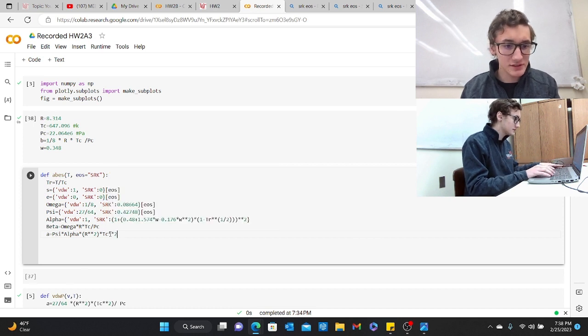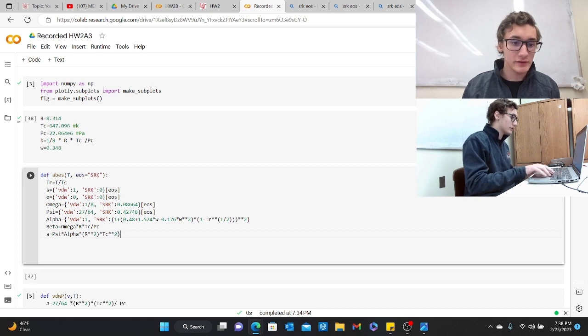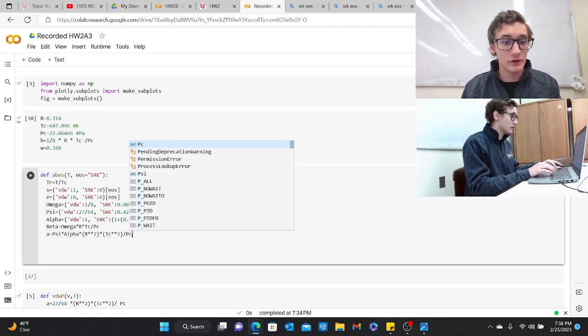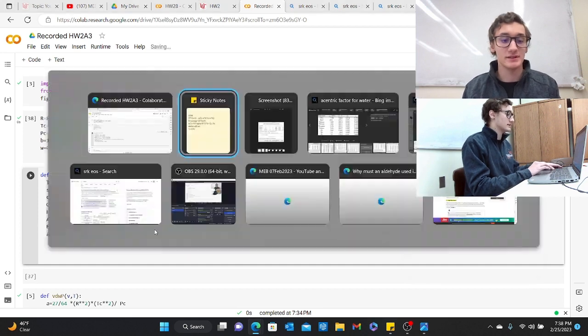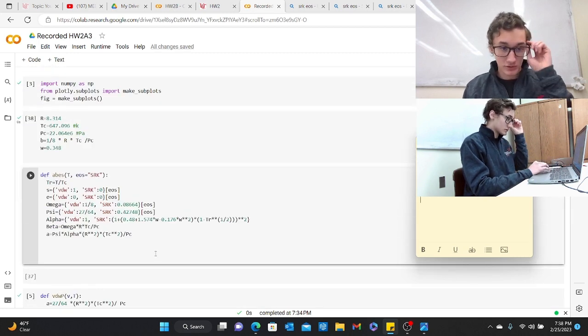I believe that's TC squared as well. Okay, yep. And the reason I'm not going to put these all in a giant parentheses when I divide is because it's all multiplication, which means it's not like I'm going to have any issues like I did down here with addition or subtraction. So, okay.